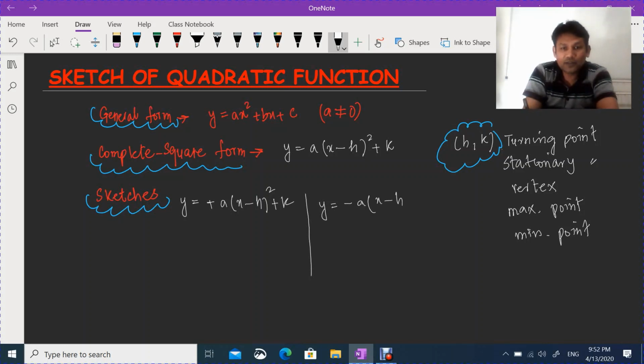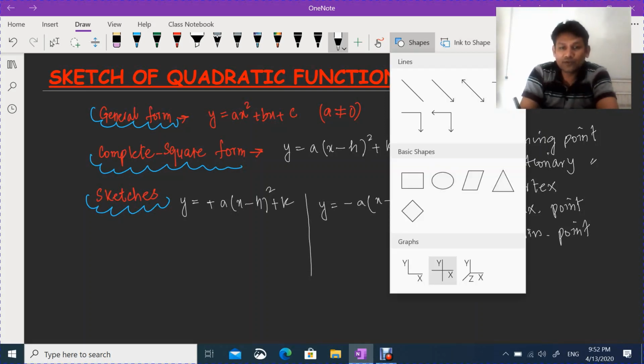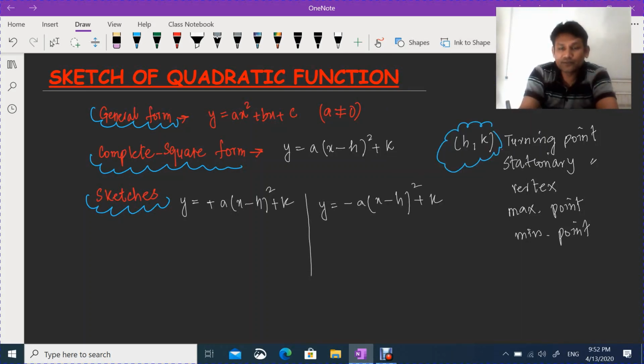How can we decide? Normally the sketch of the quadratic curve can be like this, or it can be like this. There are two possibilities. This is the sad face, this is the happy face.